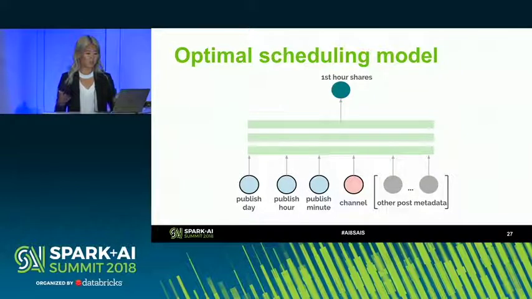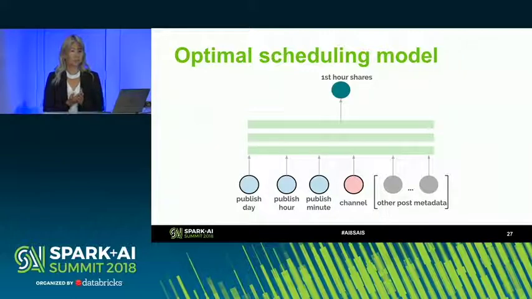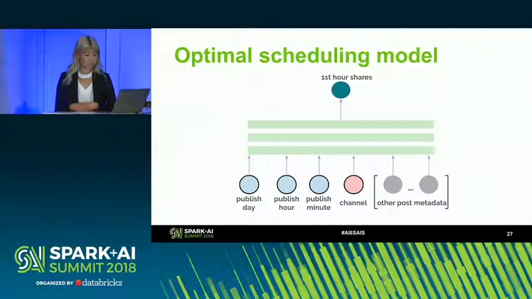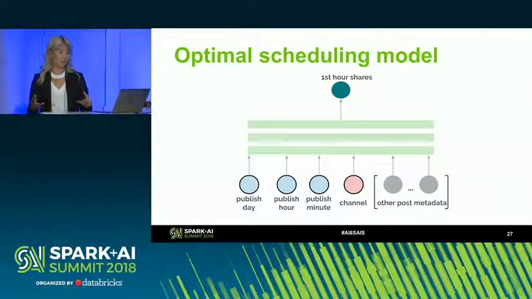So this was just a deep neural network that takes in publishing time as a feature, as well as the channel as a feature, and then the post as a feature, including all post metadata. And the idea is that you would feed these into the model. The model would learn and predict what some KPI will be as a result of this combination. So in this case, we're just looking at the first hour shares.